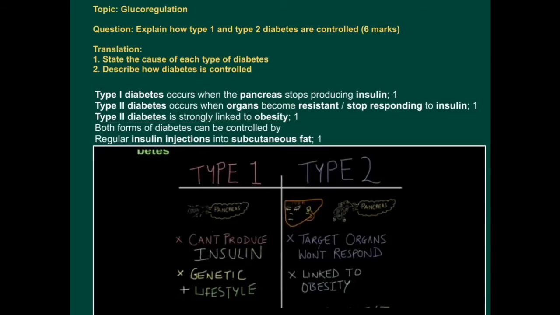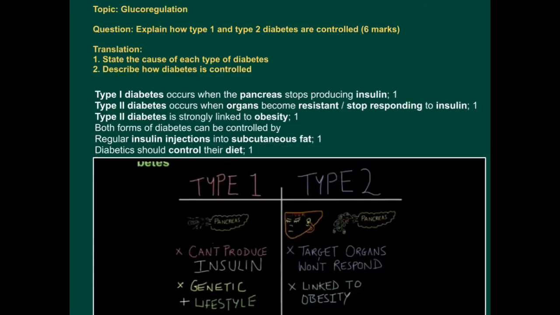Now, both forms of diabetes can be controlled in the following ways. Firstly, regular injections of insulin into the subcutaneous fat. That's the layer of fat just below the skin. Cuticle's the surface, sub is just below, so below surface fat. Also, diabetics can control their diabetes through their diet, so by controlling their diet, specifically looking at their sugar intake.